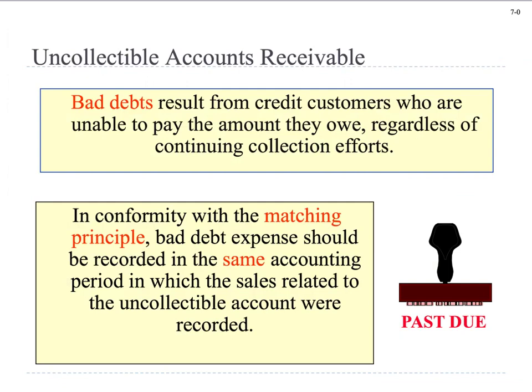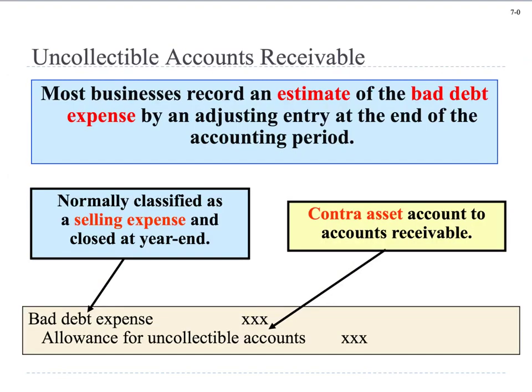Now this should be familiar when you have an uncollectible accounts receivable resulting from credit customers who are unable to pay the amount they owe regardless of the collection effort. Now, I'm not going to spend a significant amount of time on this because you should have seen this in your financial accounting class before.